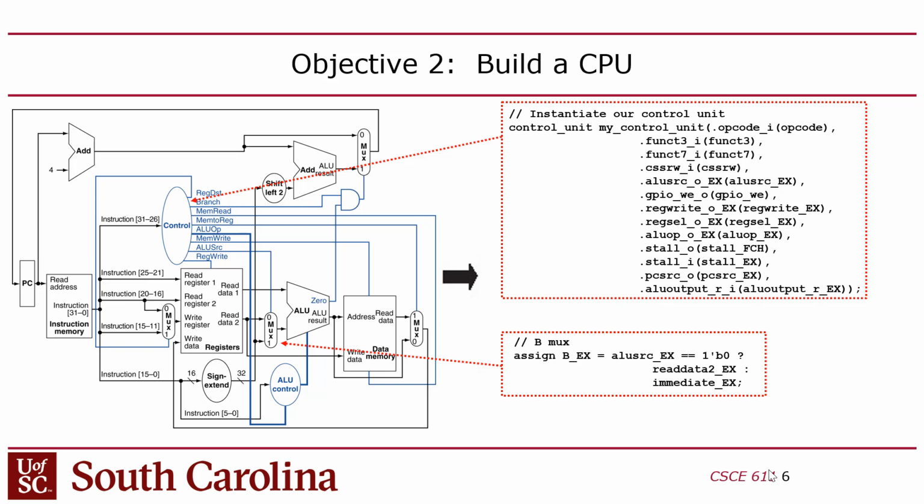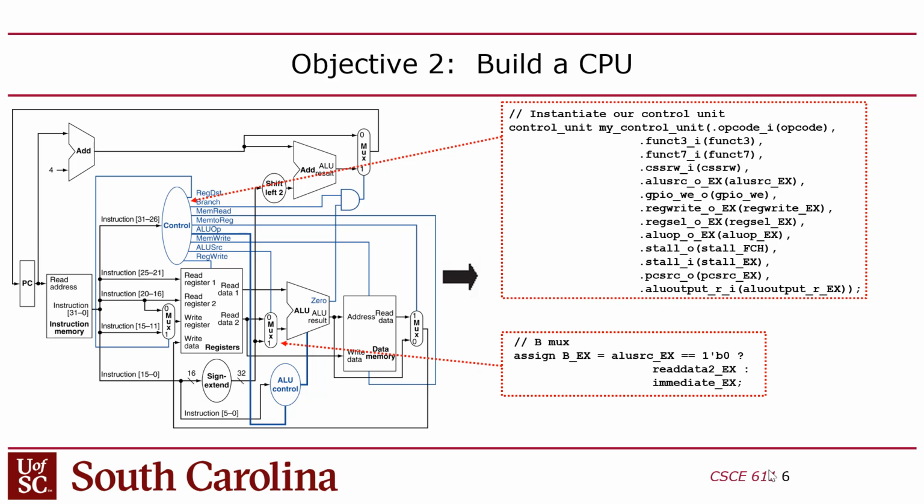So here's an example. If you look in here, I took the control unit, which is this block right here, and I converted it to Verilog. And you can see that basically you're instantiating something that kind of looks like an object, right, in an object-oriented language. But then you've got these pairs of connections.